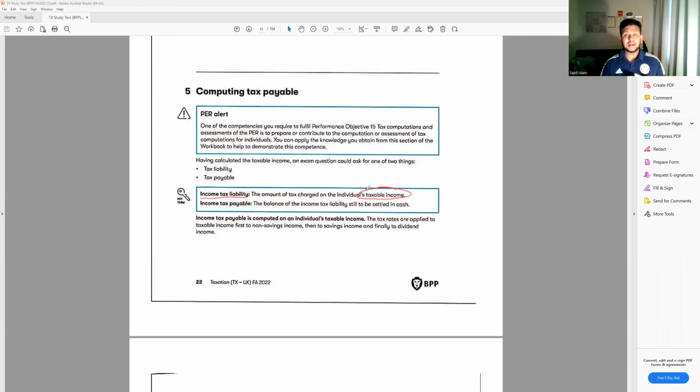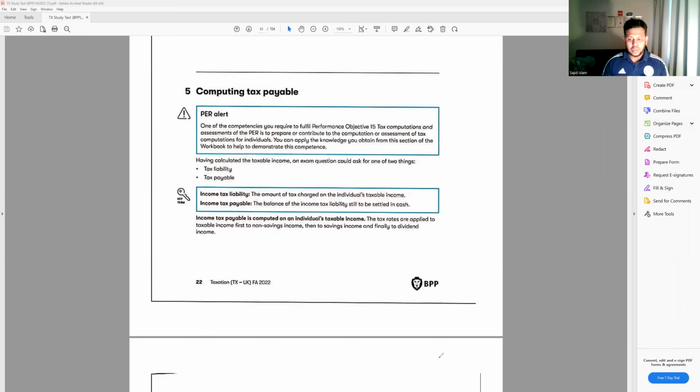But remember that if income tax liability is 10,000, it doesn't mean I have to pay 10,000 to HMRC, because maybe I have already paid some tax at source. So maybe some tax is deducted at source. I'm going to take away that tax, that is PAYE. Income tax payable is the balance of the income tax liability that still needs to be settled in cash. That means I still need to pay that.